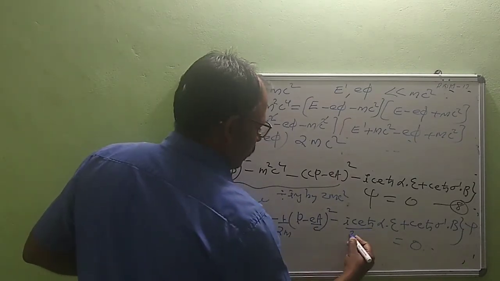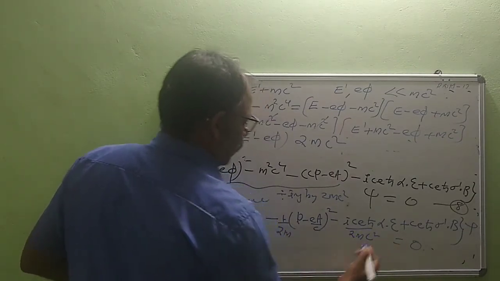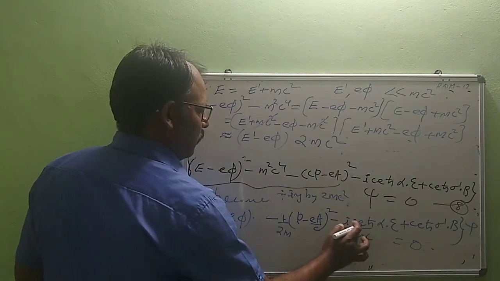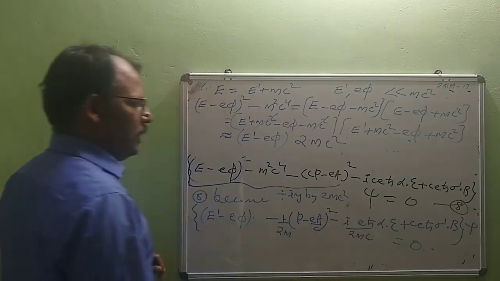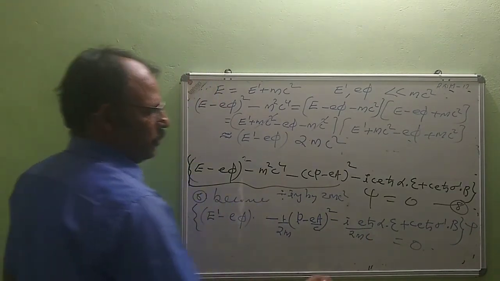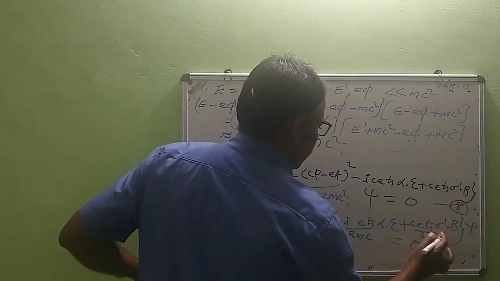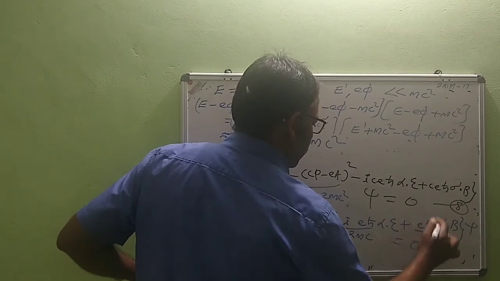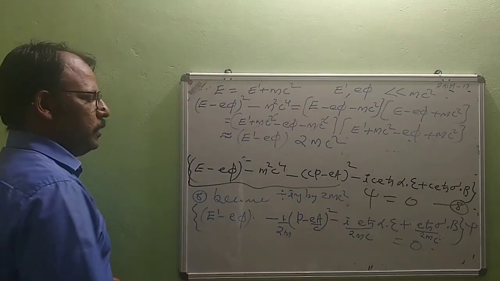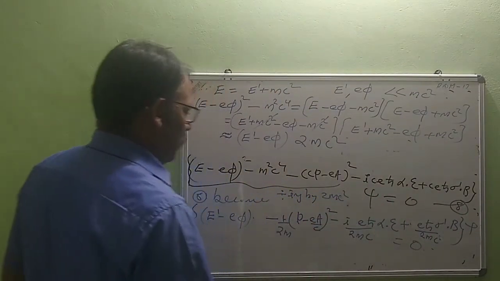Now here, dividing by 2mc square, the c square and c will get cancelled. It is ie h bar by 2mc. Then here also, dividing by 2mc square, the c square and c will get cancelled, so it will be e h bar by 2mc sigma prime dot B.